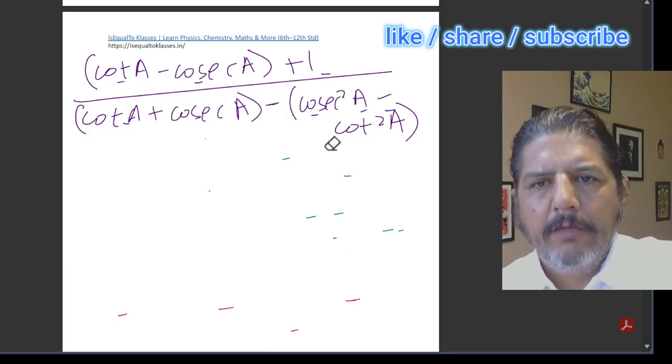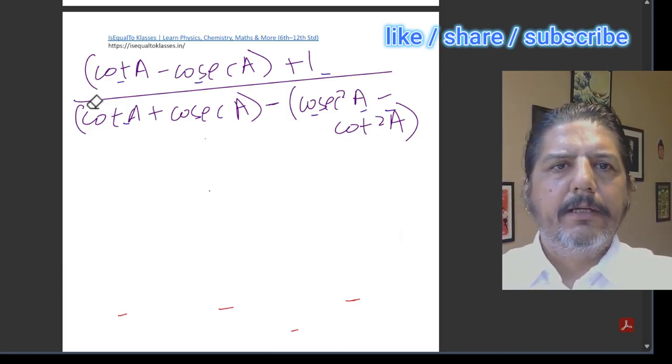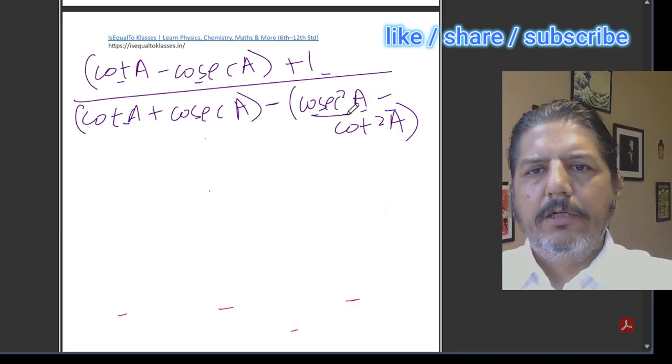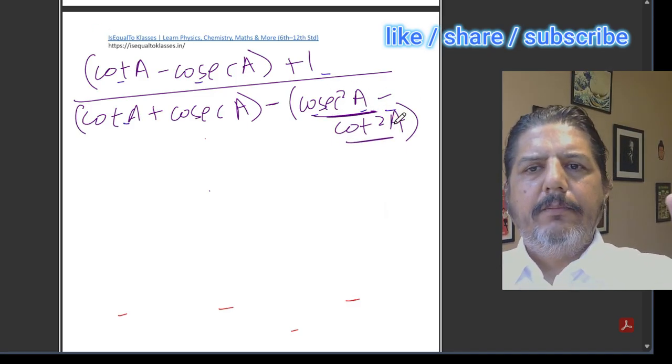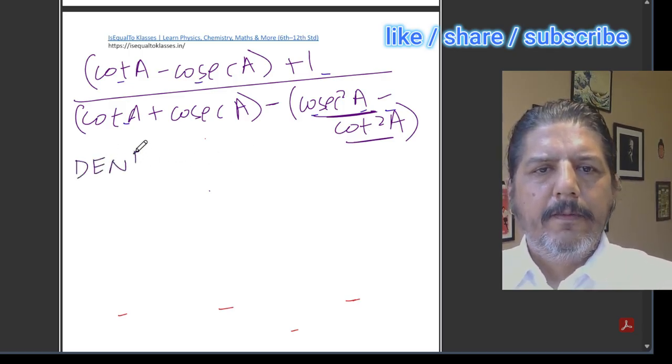See, if I look at my cosec² minus cot² term, I can write this cosec² minus cot² as cosec² plus cot⁴. So let me show you the denominator. I'll just focus on the denominator.